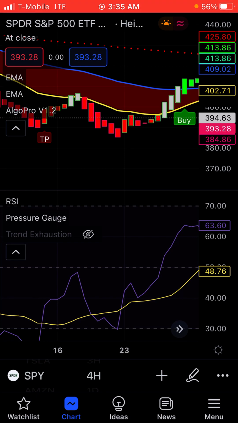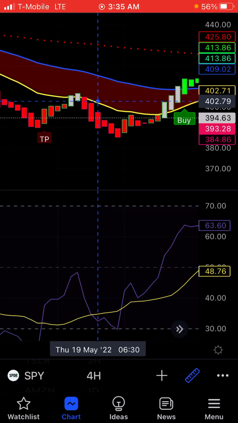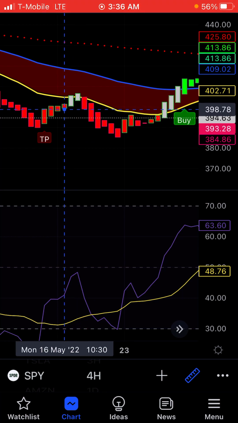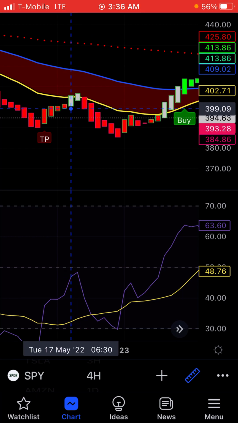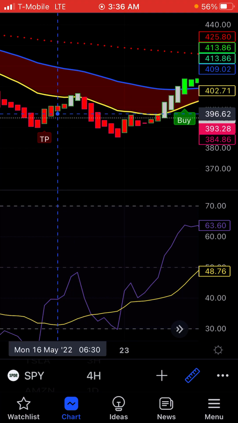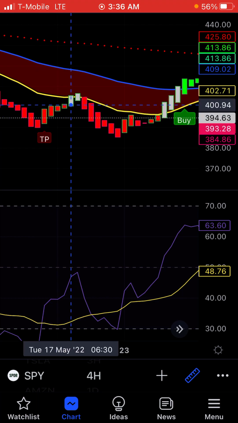Now that's with the indicator. Without the indicator, I could show you how to find it. For this moment right here, it was very brief, but you could see that SPY started to retrace right here. These two white candles started going from a red to a green.